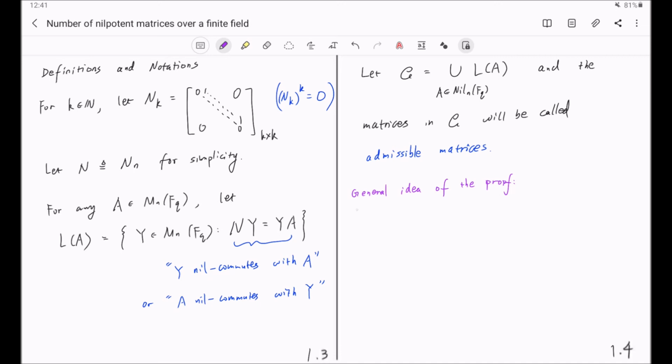Instead of counting the number of nilpotent matrices over F_q directly, we are going to count this number, M of y, defined as the number of nilpotent matrices A such that A nil commutes with y, namely this relation.